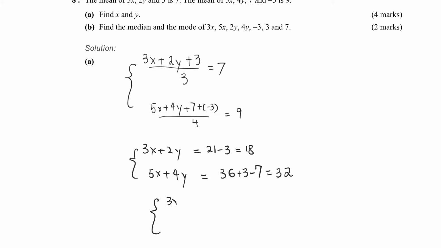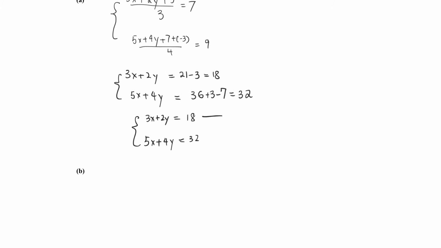So you have these two equations and then you solve it. You can solve it by elimination or substitution. If you solve it by elimination, then that one will be easier. Okay, then you can have something like this.